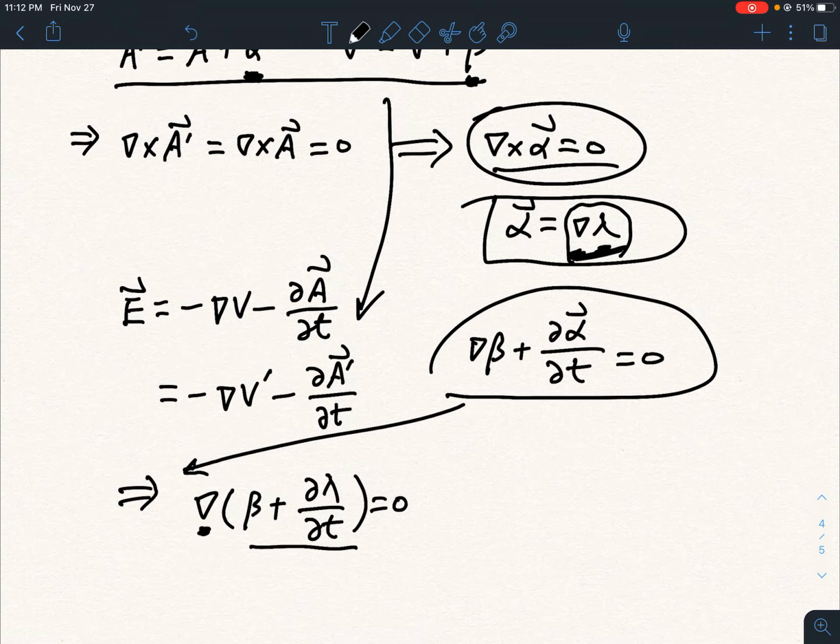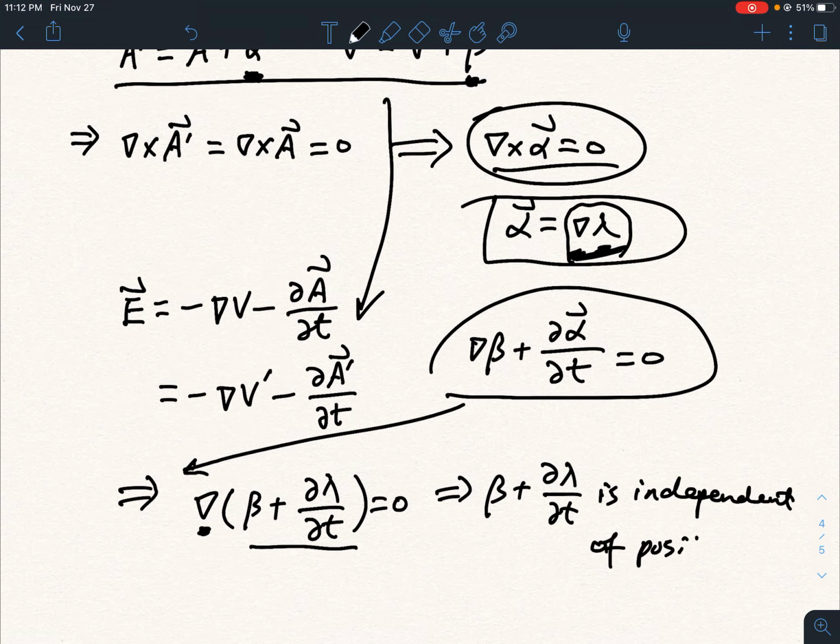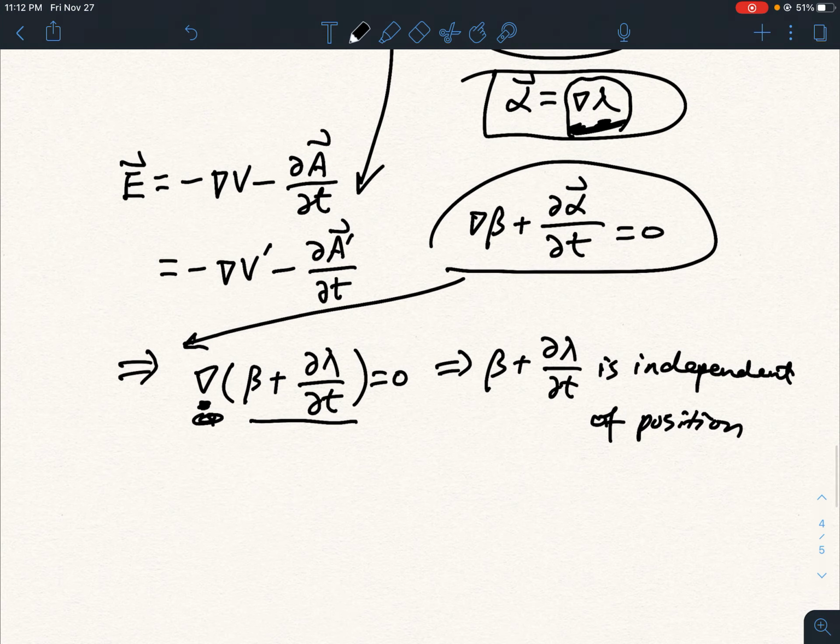In other words, because this is a derivative, beta plus partial lambda over partial t is independent of position. Because it's a derivative with respect to position, it should always be 0. So that is what we have.